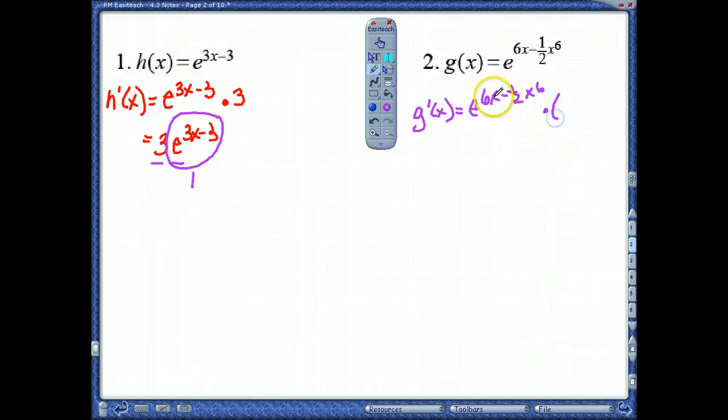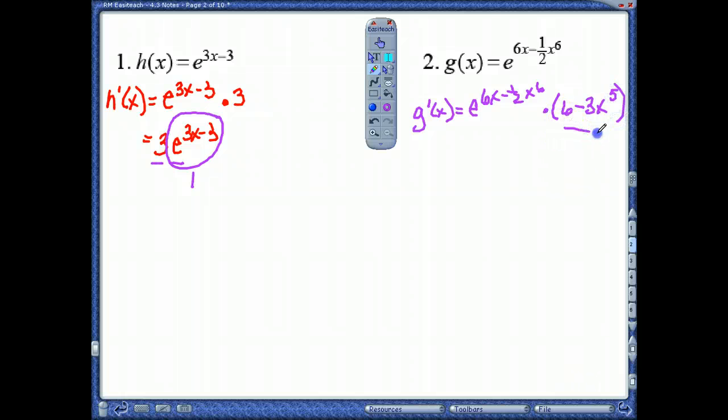Because I have more than one term now that I'm taking the derivative, okay, I had 3x minus 3, but the derivative of that was just 3, so I didn't need those extra parentheses. Here, my derivative of 6x is going to be 6 minus, bring that 6 down times the 1/2, so that gives me 3x to the 5th power.